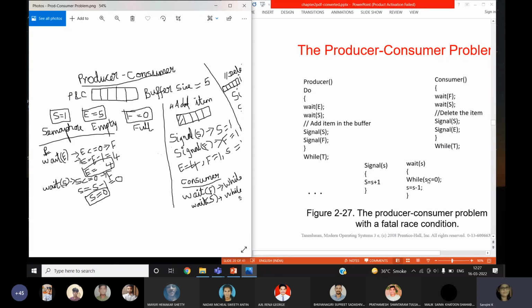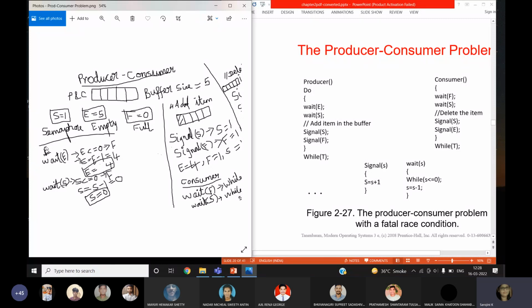So here what will happen? S less than or equal to 0: 1 less than or equal to 0. No, the condition fails. Again it will come here. S equal to S minus 1, which is S equal to 1 minus 1, 0. Look here, S value is 0. Who is executing all these?